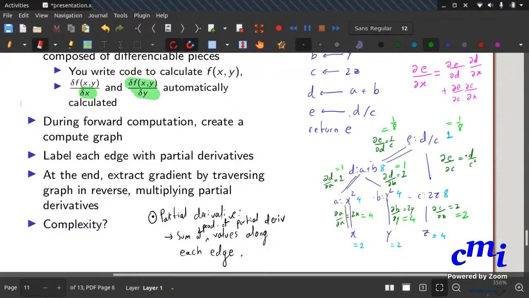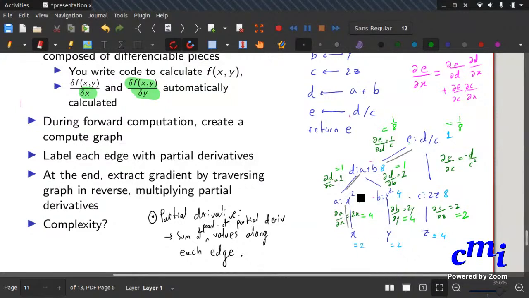Right. So this is basically the idea behind this algorithm, where you construct this graph, and then when you're doing the forward, you calculate the gradients in two passes.